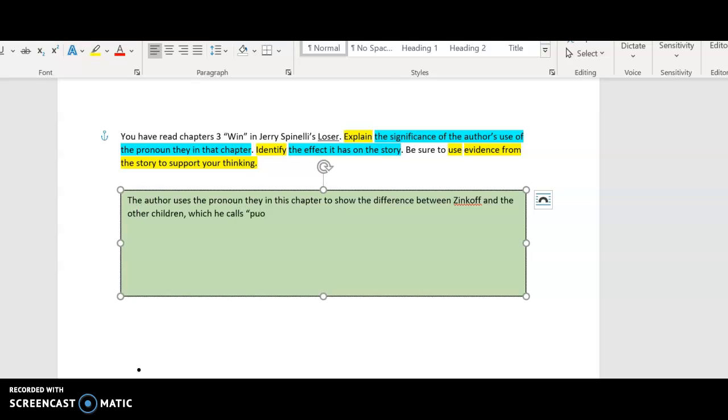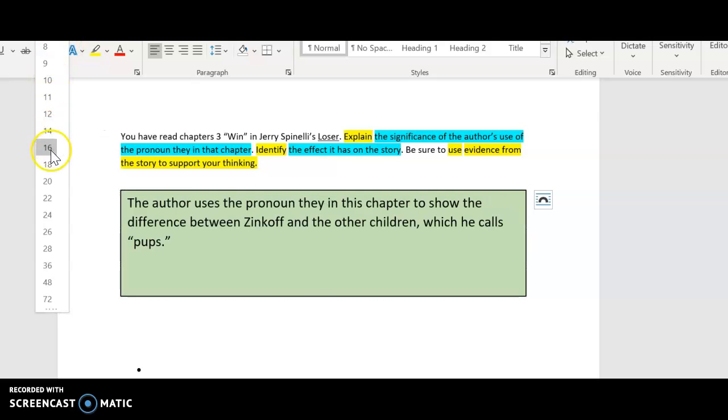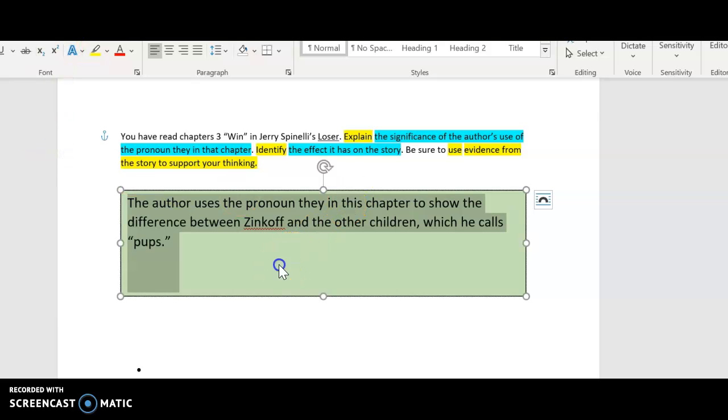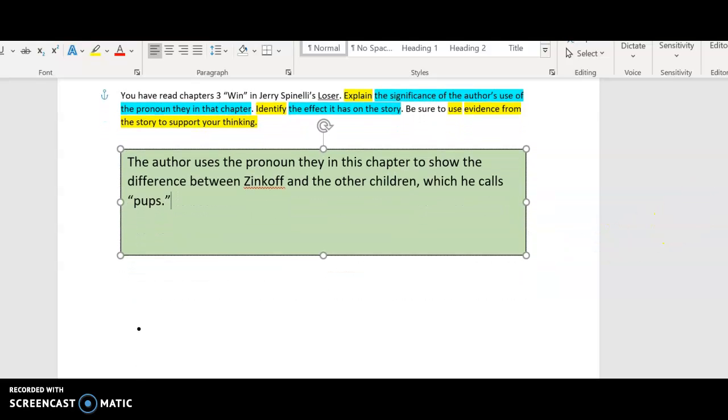And I'm going to put it in quotation marks because it's not my words. It's the author's words. I'm going to make it a little bit bigger so you guys can see it. Okay, so I just did a one-sentence answer in the first box. I used TTQA, I flipped the question around, and after reading it, I put my answer in there.